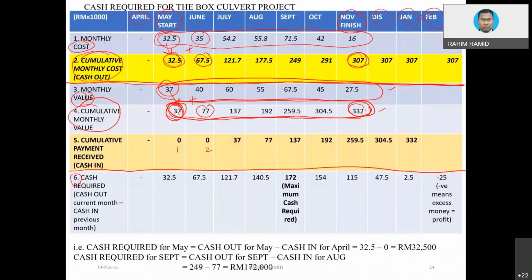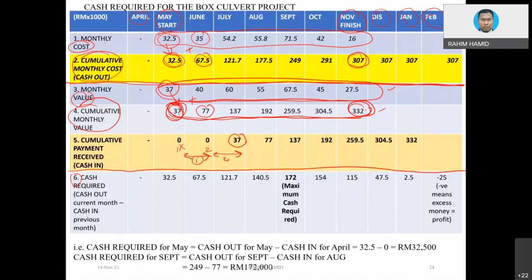So the first payment would be after 2 months. We assume that normally you are not going to get the payment in this month for sure. So this one is basically the first month, and then this is basically the second month. So that's why you are getting the payment at the end of the second month.